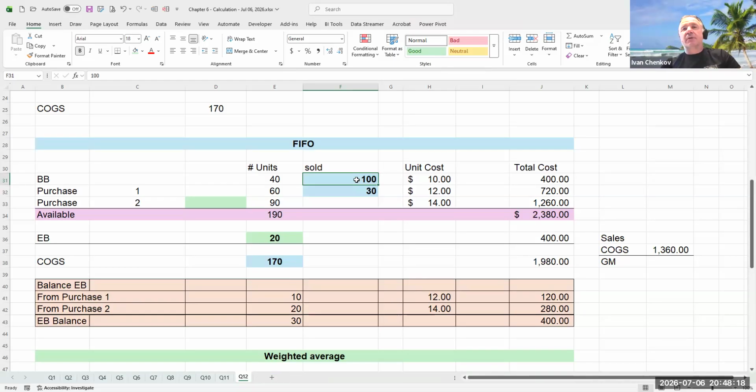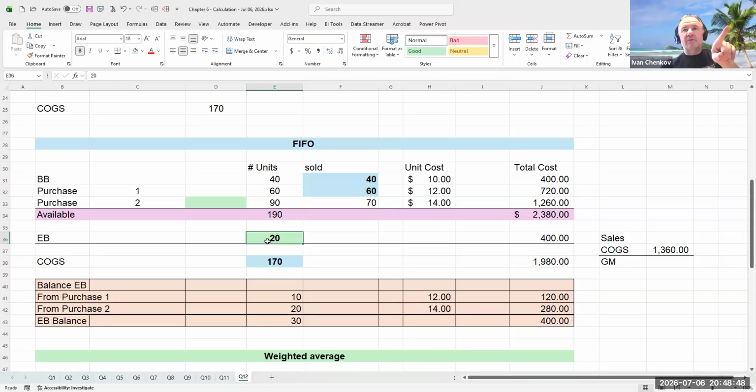Did we sell the first 40? 40 gone. Did we sell the next 60? 60 gone. We are at 100. From the 90, how many we sold? 70. How many left? 20.